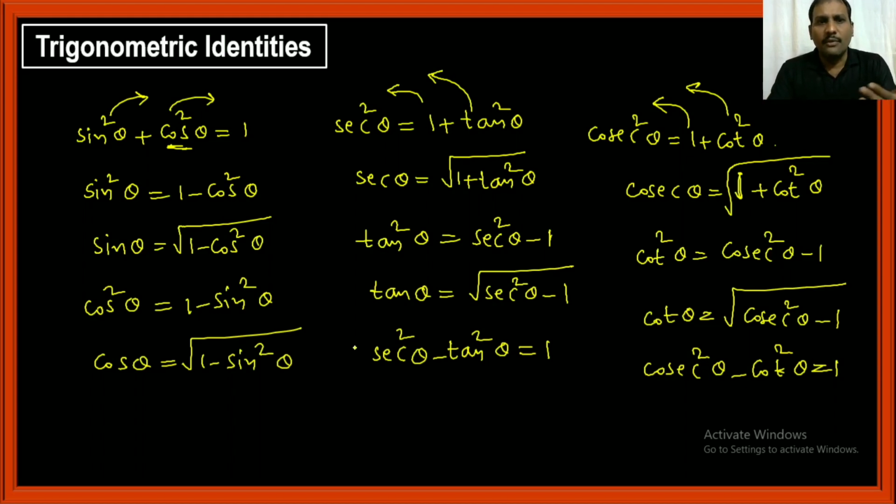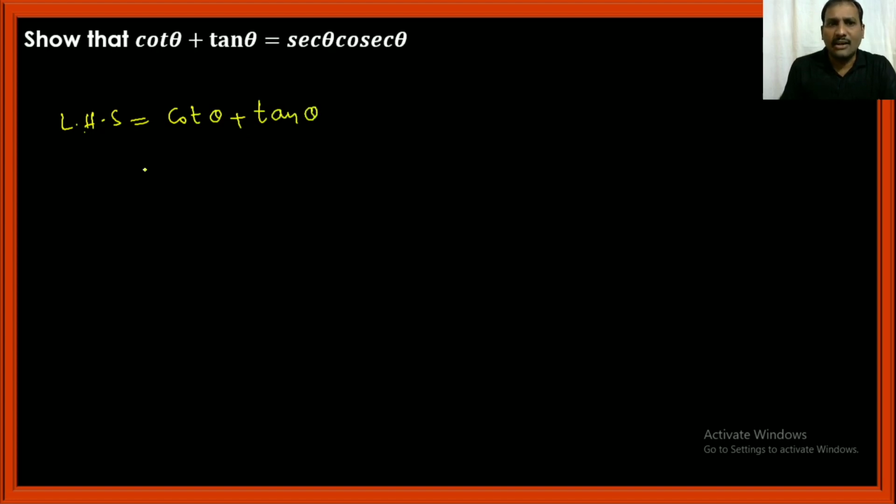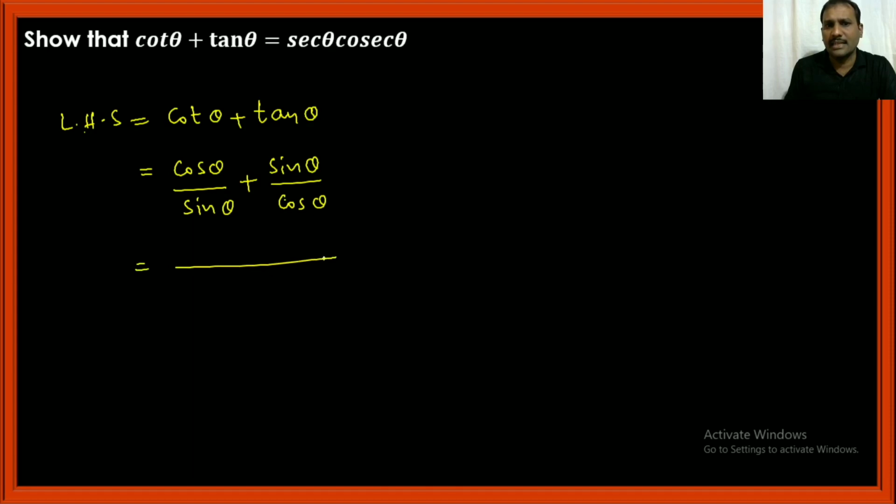So now we will do some problems on these trigonometric identities. Show that cot theta plus tan theta is equal to secant theta into cosecant theta. So let us take the LHS, cot theta plus tan theta. And cot theta can be written as cos theta by sin theta, plus tan theta can be written as sin theta by cos theta. And take LCM.